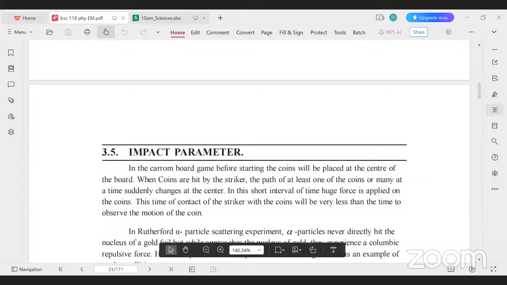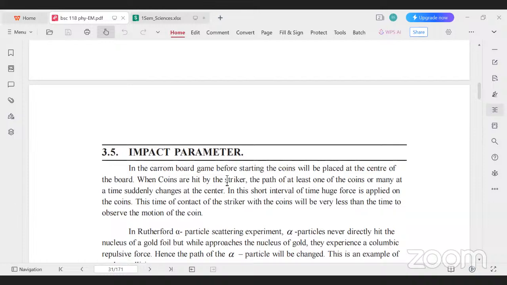So in the carom board game, before starting, the coins will be placed at the center of the board. When coins are hit by the striker, the path of the coins changes. They are just giving the example to understand what impact is. Impact, as I told you, impacts the whole body. The best example they have given is a carom board where you place all the coins and the striker hits, and all the coins get placed somewhere else, right?